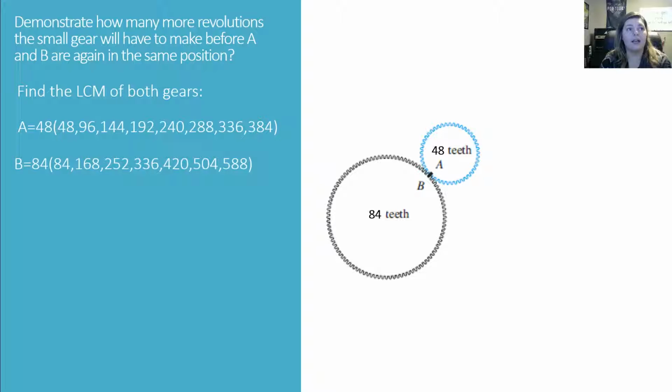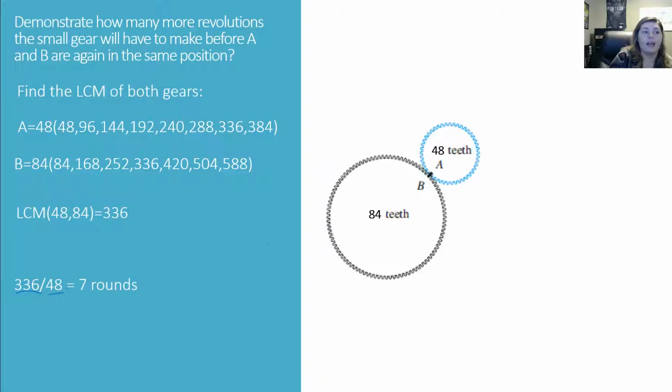I went ahead and wrote out the factors of this, and we see that the least common multiple of 48 and 84 is 336.